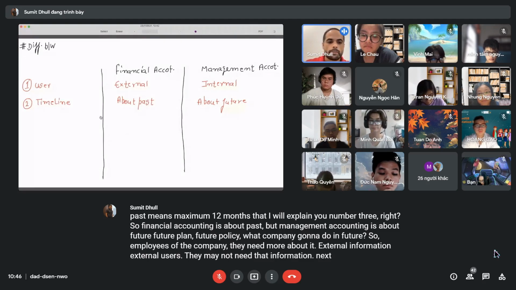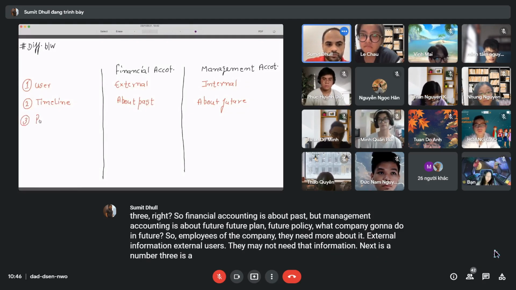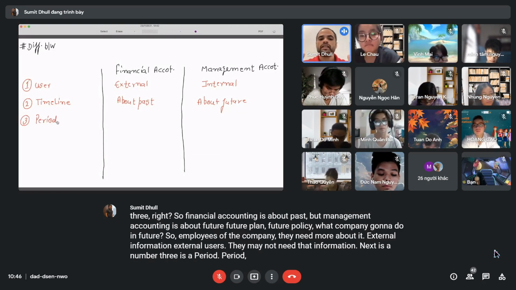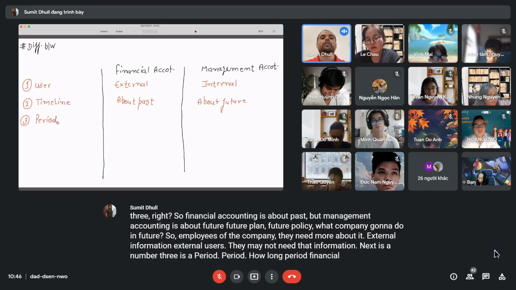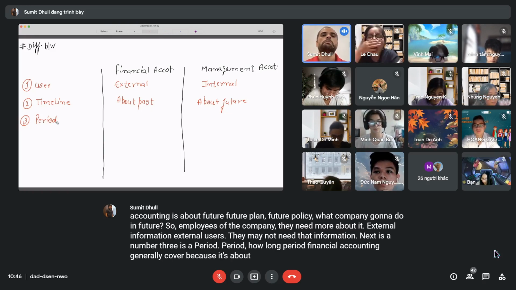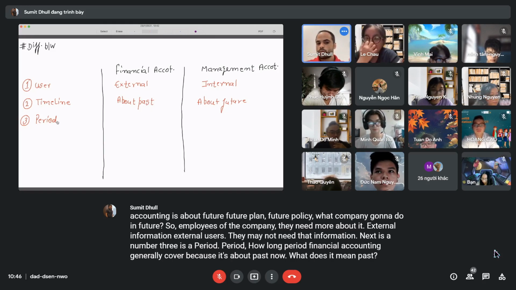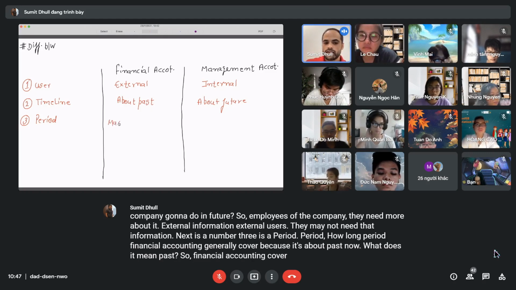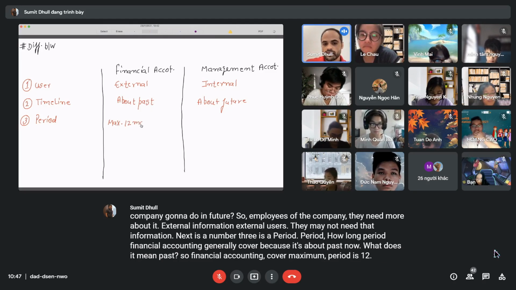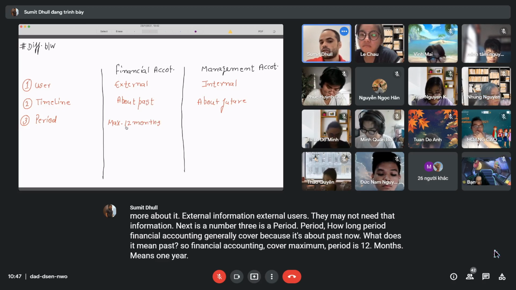Next, number 3, is the period. How long a period does financial accounting generally cover? Because it's about the past. Now, what does past mean? Financial accounting covers a maximum period of 12 months, which means 1 year.